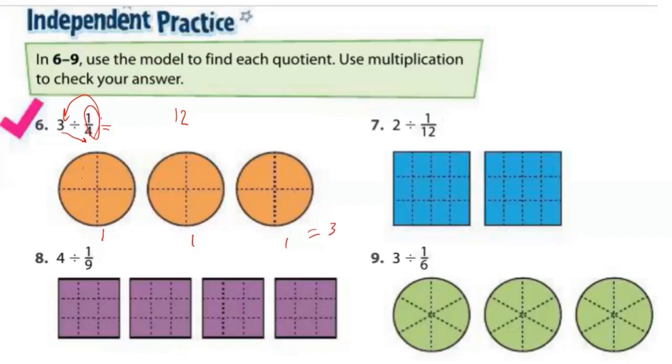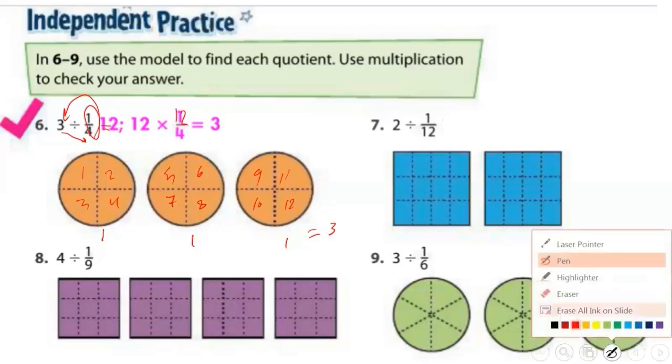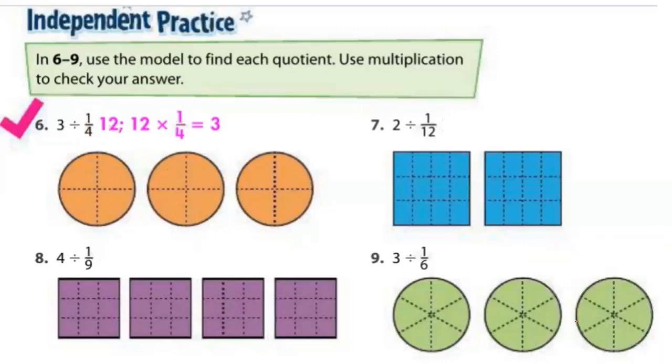Let's count 1, 2, 3, 4, 5, 6, 7, 8, 9, 10, 11, and 12. So easily you can multiply 3 by 4 to get 12. So this is your answer. 3 divided by 1 over 4, you will get 12. Copy your answer and be ready for the next part.